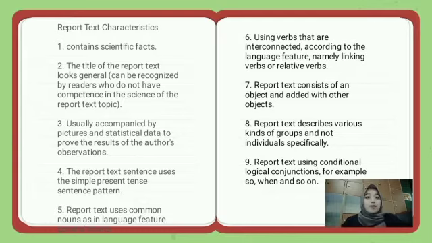Number seven, report text consists of an object and identifying other objects. Number eight, report text describes various kinds of groups and not individuals specifically. Number nine, report text uses conditional conjunctions, for example, so, when, and so on.